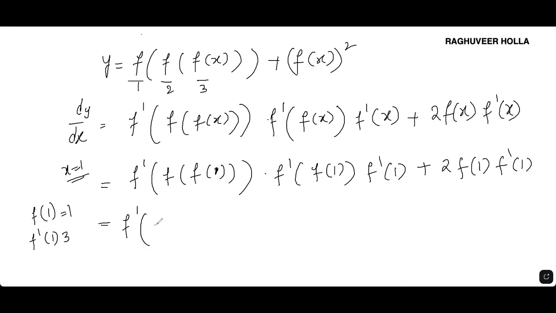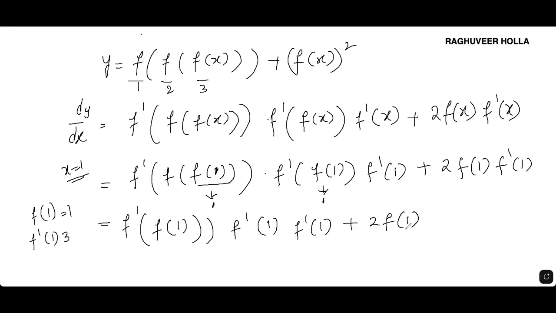So this is f of 1 again, this being 1, so this is 1 again, so this is f dash of 1, plus 2 f of 1 and f dash of 1.